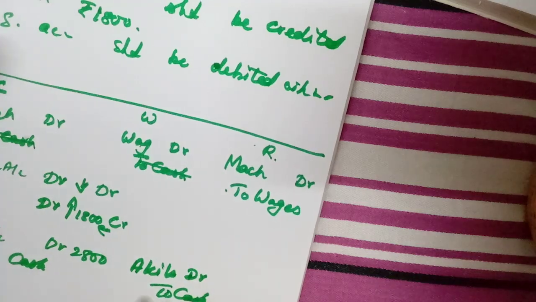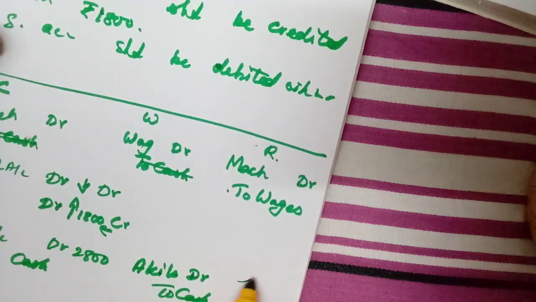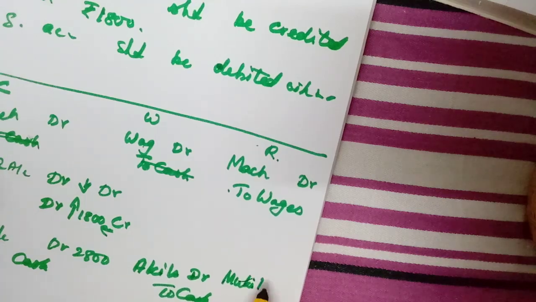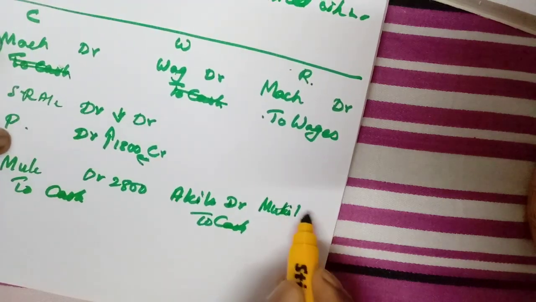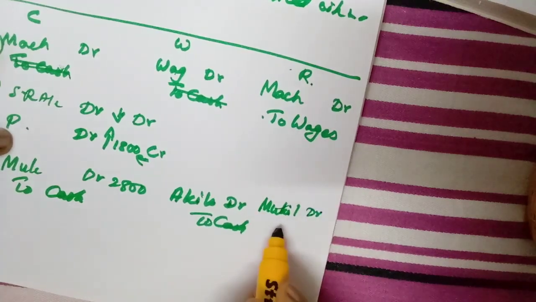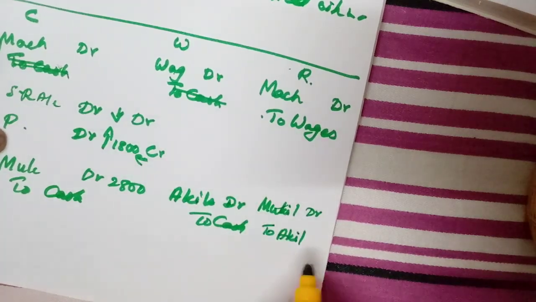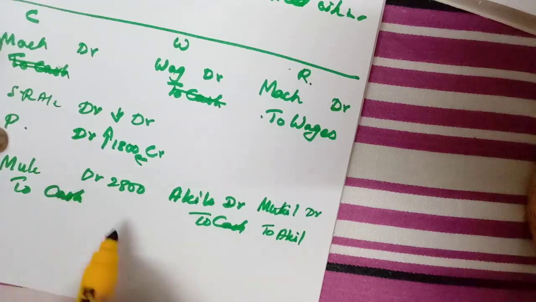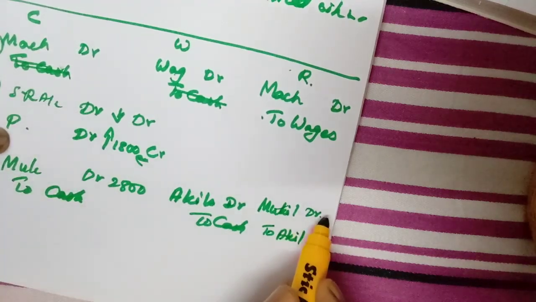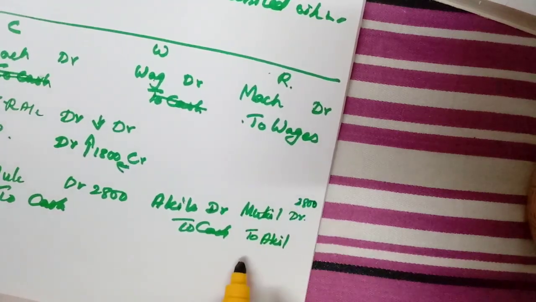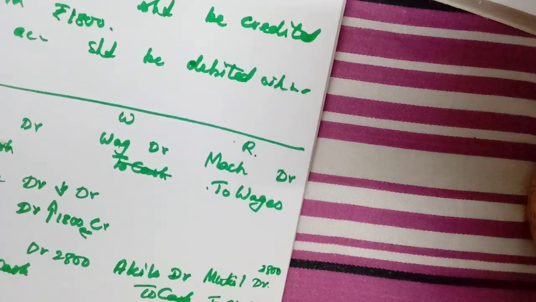Akhil's account we have to credit. In the rectifying entry, Mukil's we have to debit. Now we should check the amount also. Mukil should be debited with 2800.